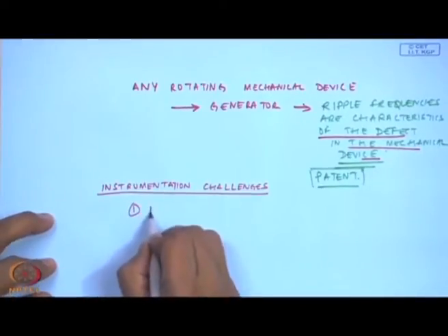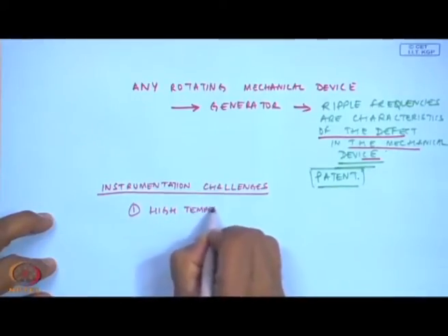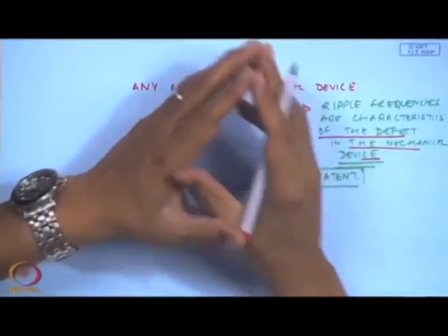Because of high temperature, and those of you who had studied that we mount accelerometers using magnets, but these magnets are very soft and they lose their properties. In fact, they crack. In fact, I myself have lost a lot of magnets mounting accelerometers at locations which were at high temperature. I realized later on, once I had the cracked magnets.